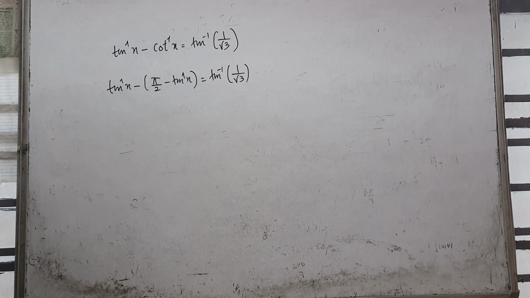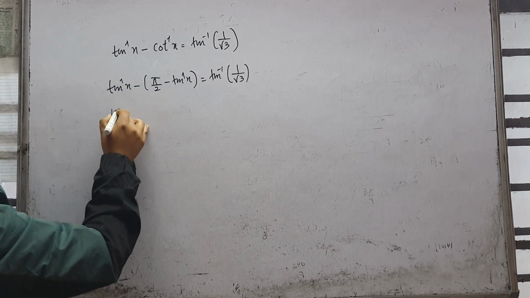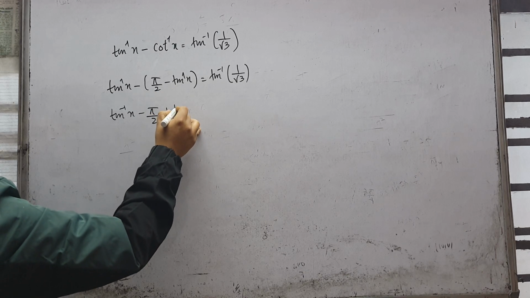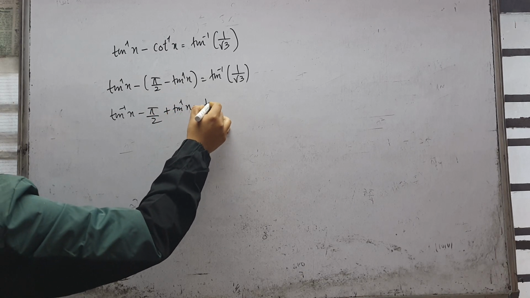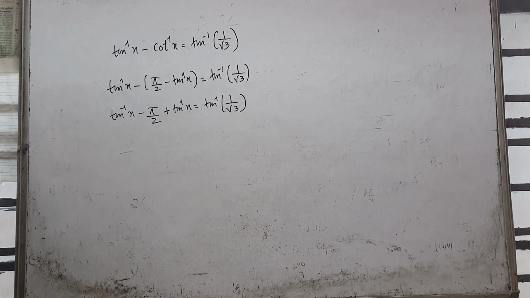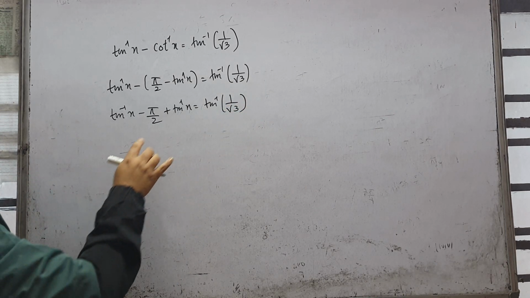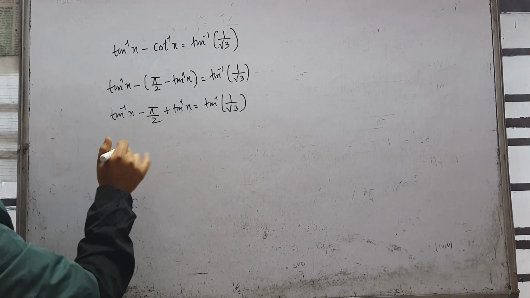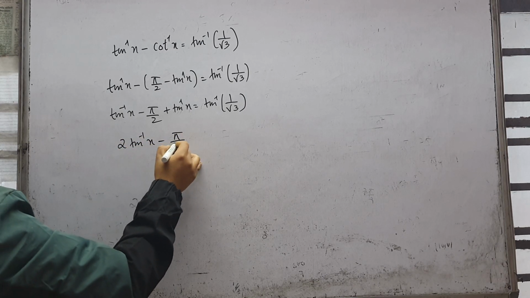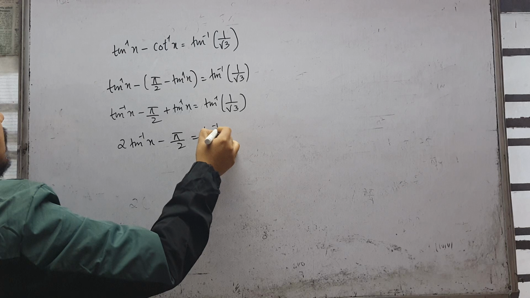Is it clear, everyone? Now open the bracket. Tan inverse x minus pi by 2, minus into minus plus, tan inverse x equal to tan inverse 1 by root 3. Is it clear? Now what do you get? Tan inverse x plus tan inverse x, what is that? 2 tan inverse x minus pi by 2 equal to tan inverse 1 by root 3.